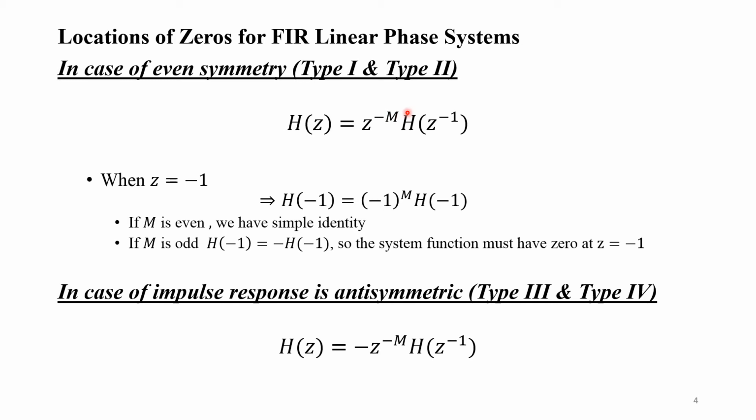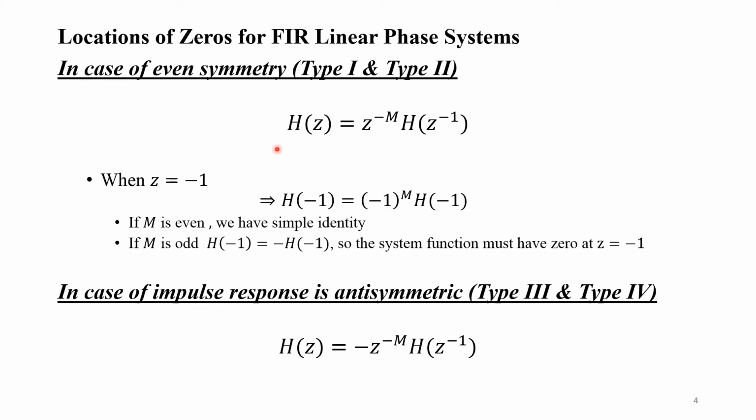So for an even value of M, H(-1) will be equal to H(-1). That's fine, so simply we have the identity. But in case M is odd, we have minus 1, so H(-1) will be equal to minus H(-1).